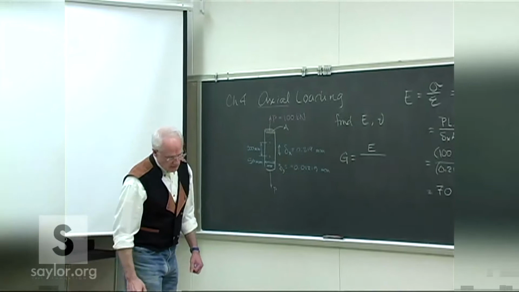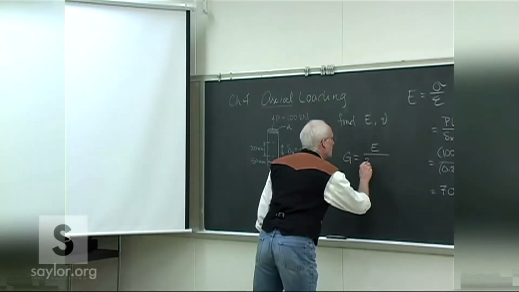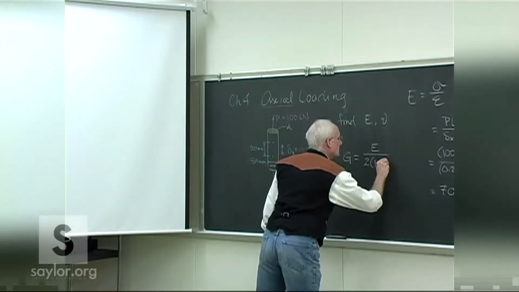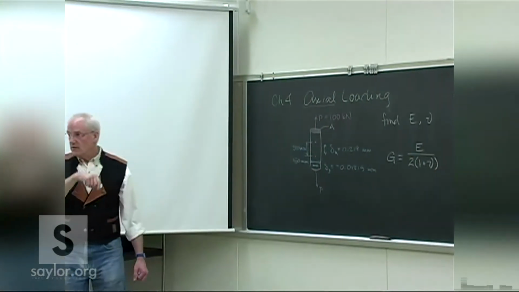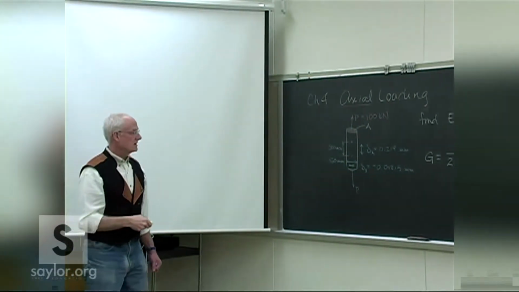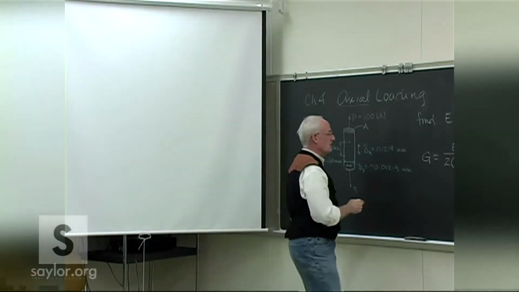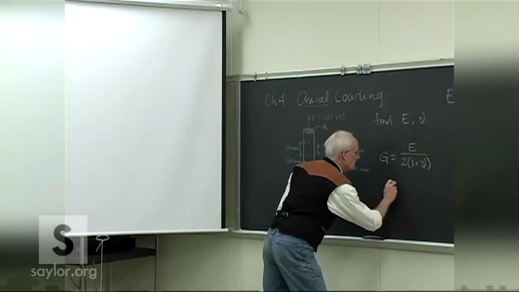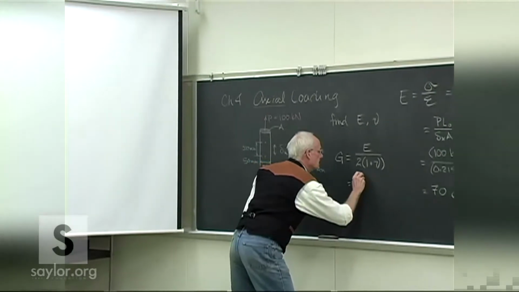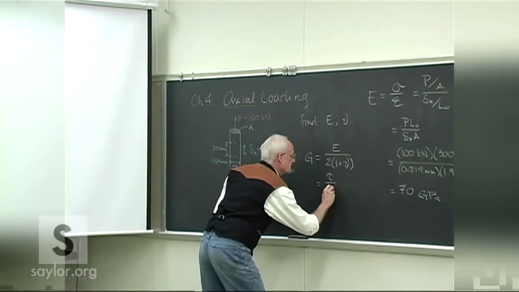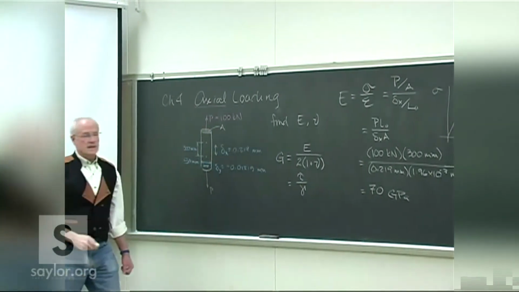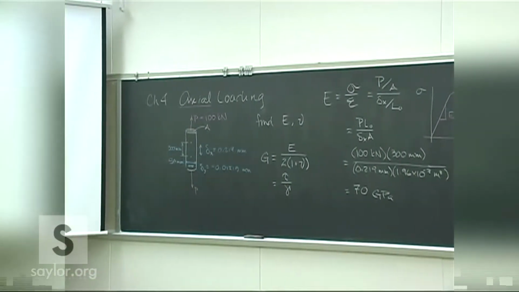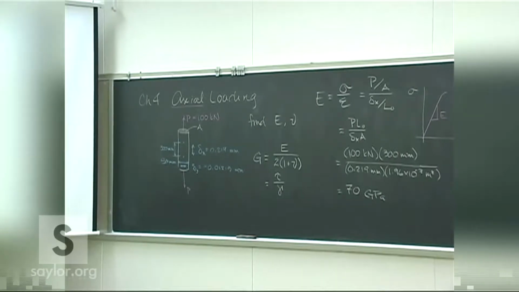It just turns out to be a nice relationship between these quantities we've now generated, what we call the modulus of rigidity, the shear modulus, if you will. Don't forget that that is related to the shear stress over the shear strain, just like the elastic modulus was the stress over the strain. So is this.